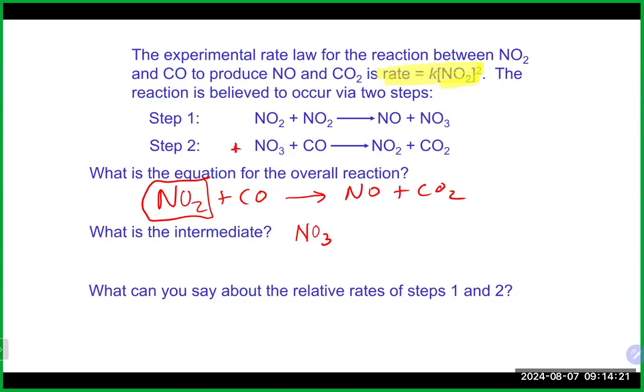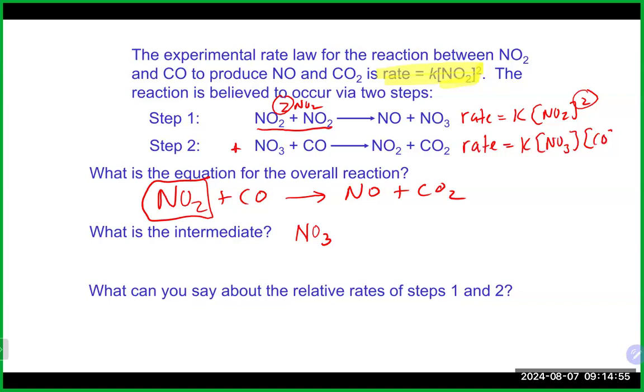Now, for each of these individual steps, which are elementary steps, we can write a rate law. So for example, the rate law for our first step would be k, and this is basically 2 NO2s, which means that it'd be the concentration of NO2 squared. Again, this is the one place where we can use the coefficient as its orders. If we wrote the rate law here for the second step, the rate is equal to k times our NO3 and our CO. And that would be the rate law for the second step.